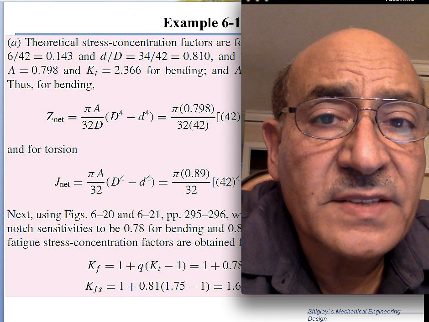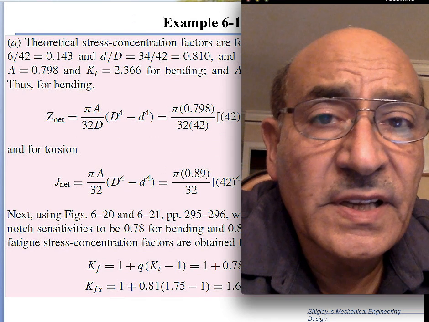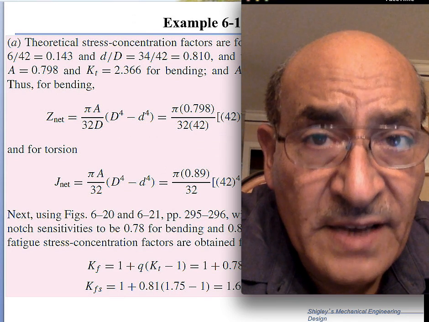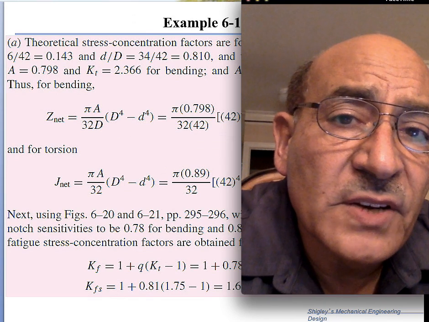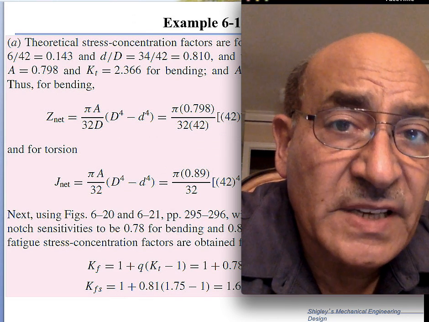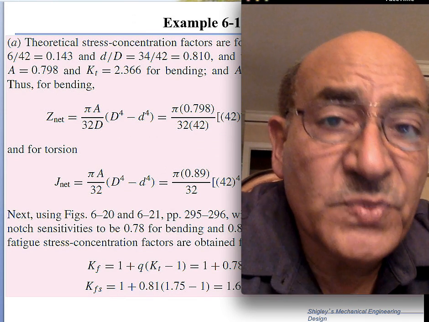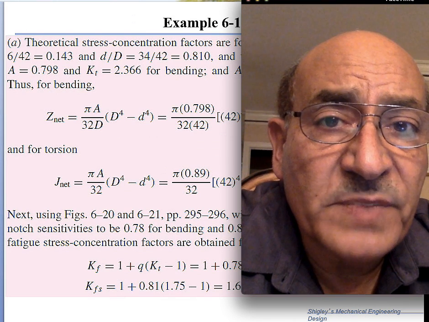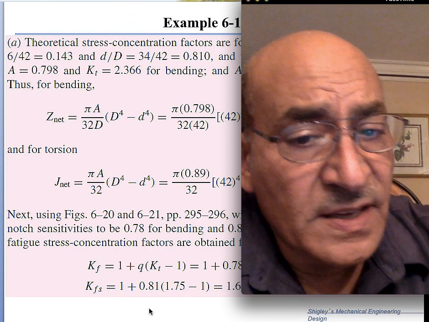That gives me the sectional modulus, Z. And also for the torsion, I need to find the polar moment of area, which is, if we have two concentric tubes, one that has an outer diameter and another an inner diameter, then we can find the polar moment of area as the difference between the outside minus the inside. Having done that, we should be able now to find the bending stress and the torsional stress, as we'll see here.